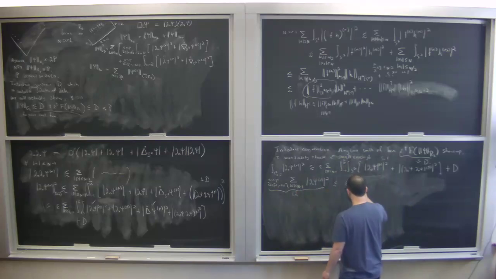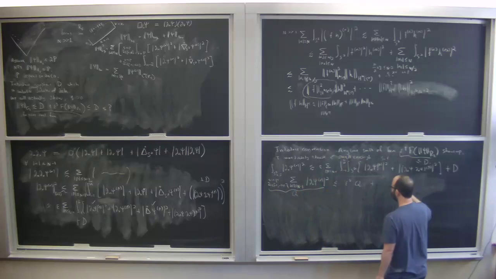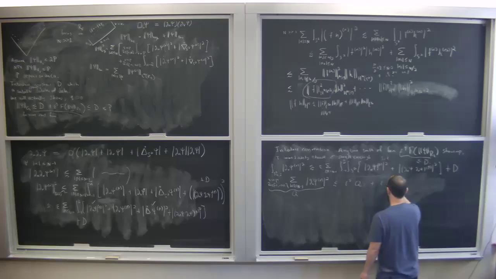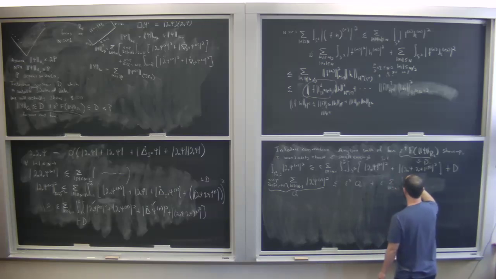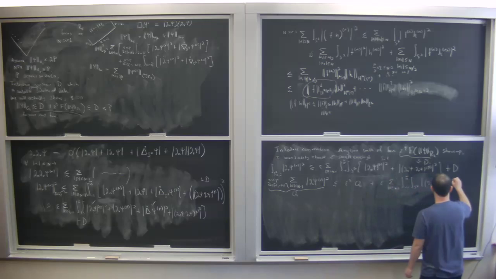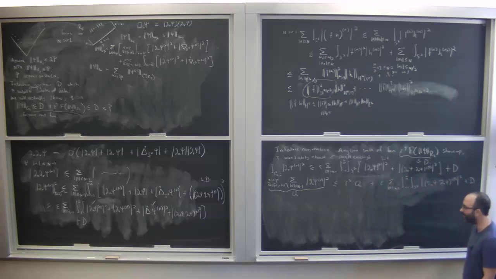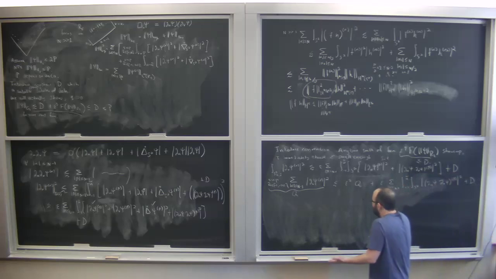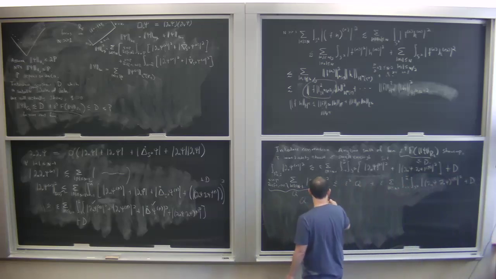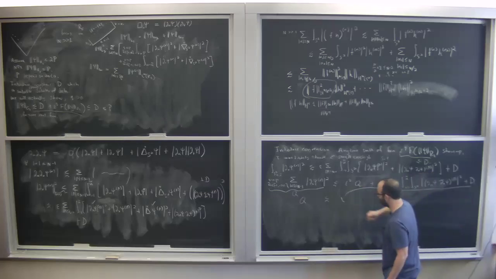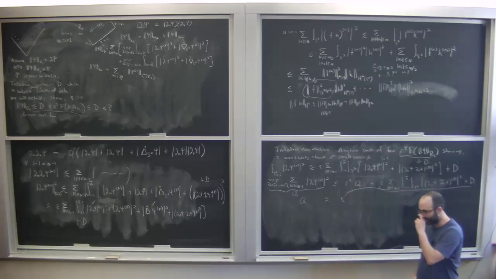I'm just going to get epsilon squared times q, plus, there'll still be this term to deal with, epsilon times this. Okay, but that just means I can write q is less than this, because epsilon is small. Does this make sense? Okay.